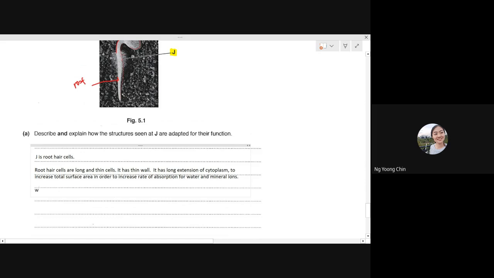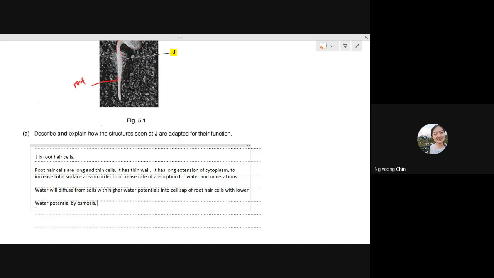Okay, water will diffuse from soil with higher water potential into the cell sap of the root hair cell with lower water potential by osmosis. Have you heard about osmosis before?